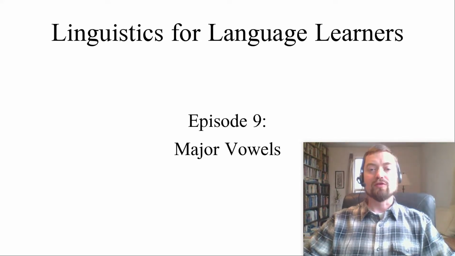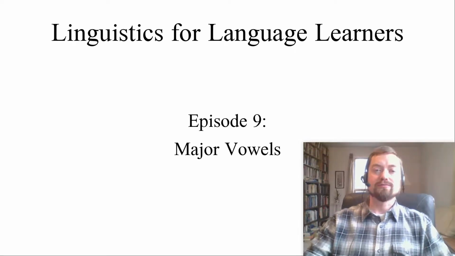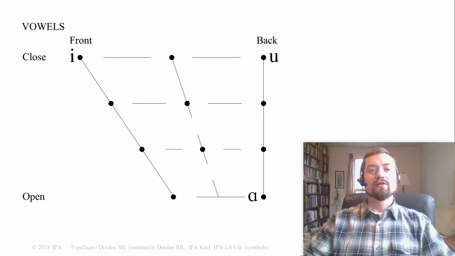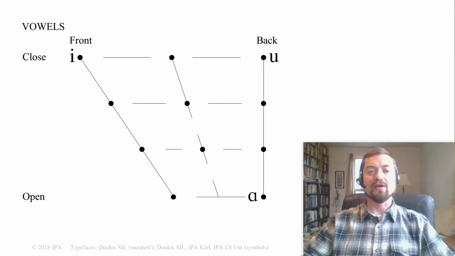In the last episode we introduced the vowel chart, and now we will look at some of the major vowels of English. Here you see the complete chart with all the vowels around the world, but what we've seen so far, just looking at this chart, are the three vowels in the corners here, E, U, and A. And now we'll fill in a few more of the missing vowels, and what the vowel chart helps you to do is put these in a pattern to understand how they fit together.